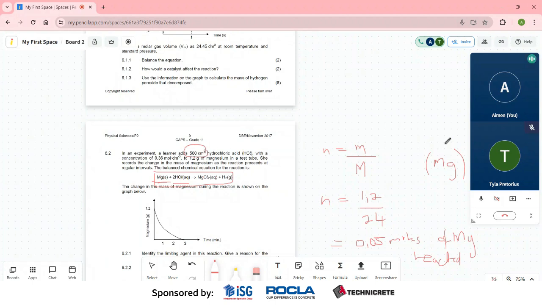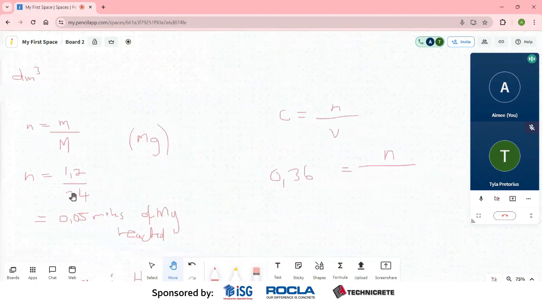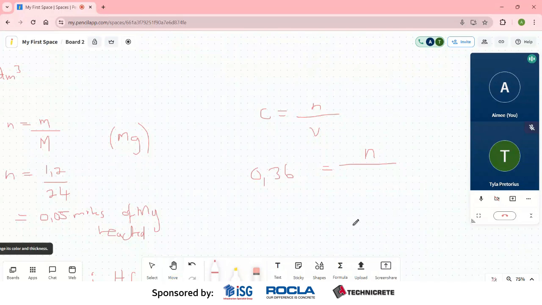But centimeters cubed is not our SI unit, decimeters cubed is our SI unit. So we need to convert this to decimeters cubed, and we do that by dividing by 1,000. We divide 500 by 1,000 and we get 0.5. So we can now substitute in our volume as 0.5 decimeters cubed.